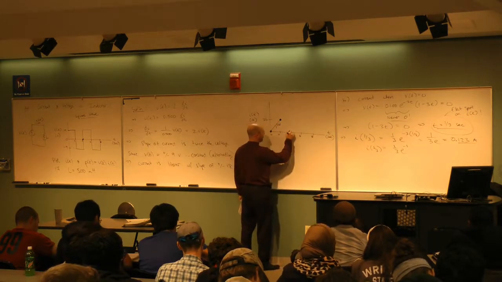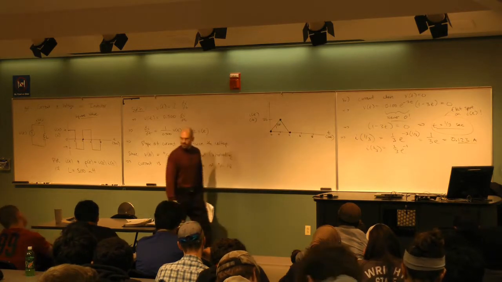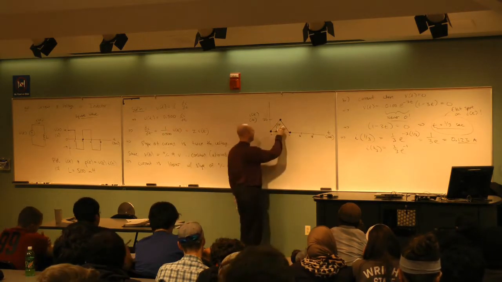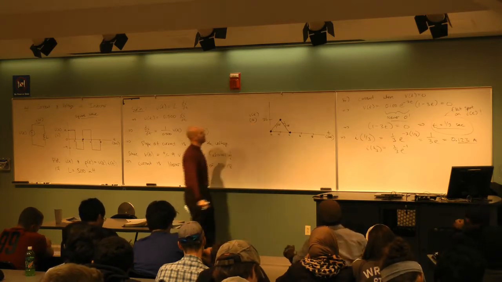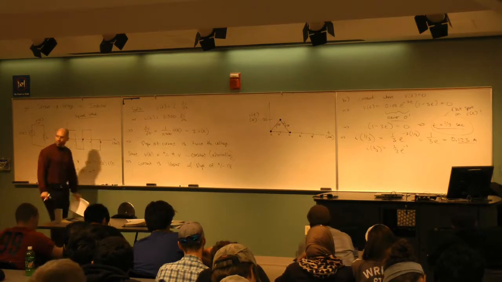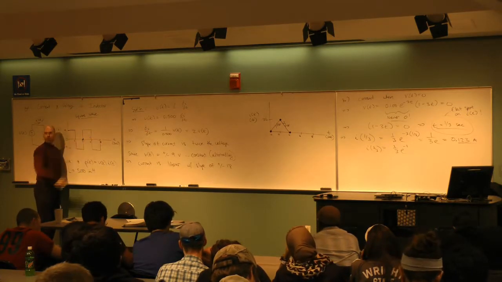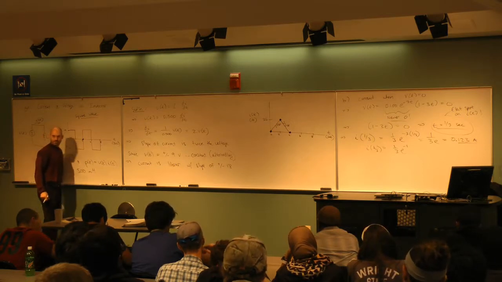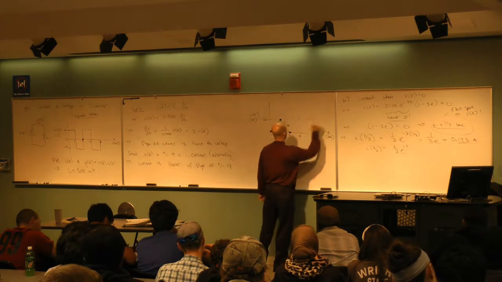Slope of negative 18 for the same amount of time is going to put me back at 0. Okay? So, same idea. Slope now is minus 18. So if I'm now back to 0 again, and I'm at this point in time, and I apply the same square wave, what happens? It's just the same thing again, right?